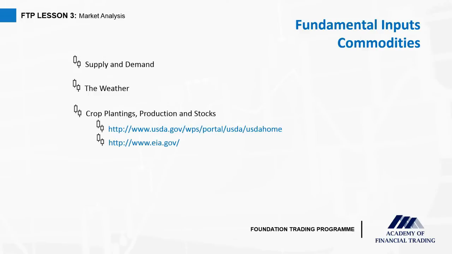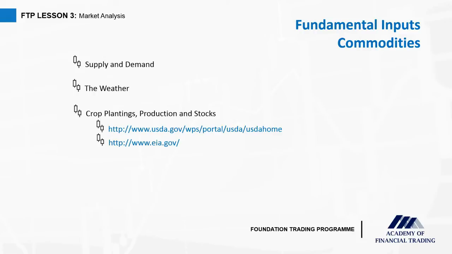For example, we've got our prospective plantings, which is the first main report at the beginning of the corn growing season. Now, this is released around the end of March. Normally, it summarizes exactly how much and which crops the farmers expect to plant for the upcoming season.